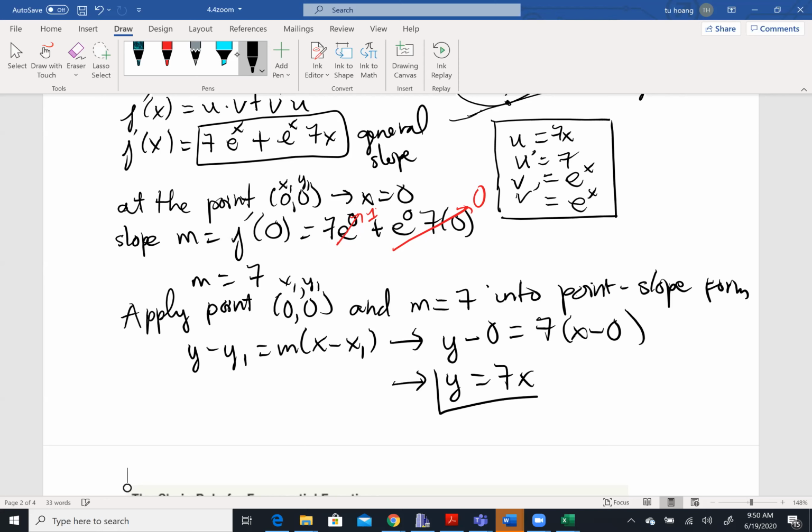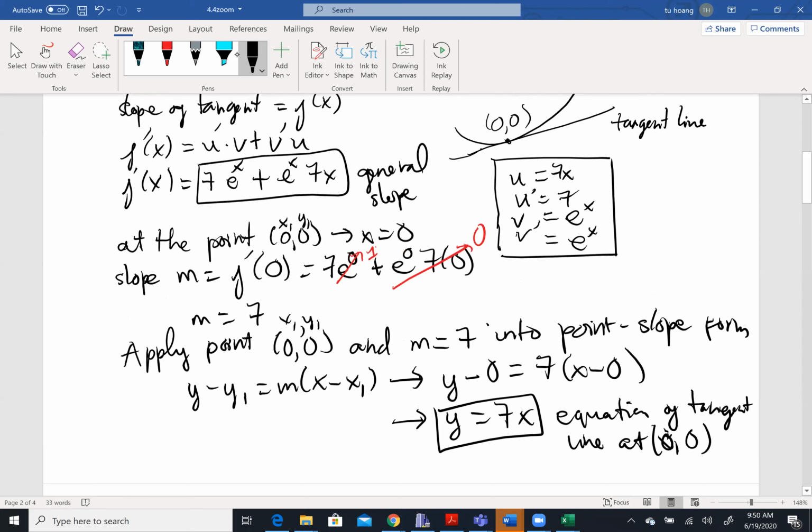So that should be the equation of the tangent line at point 0, 0.